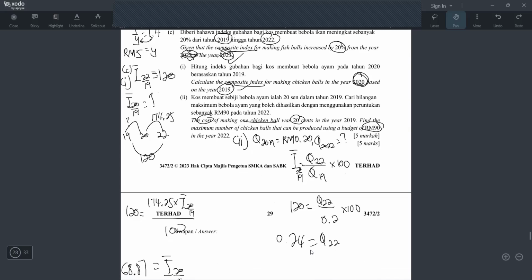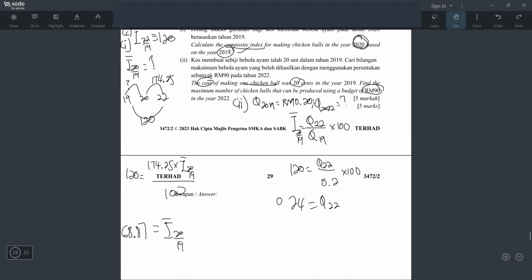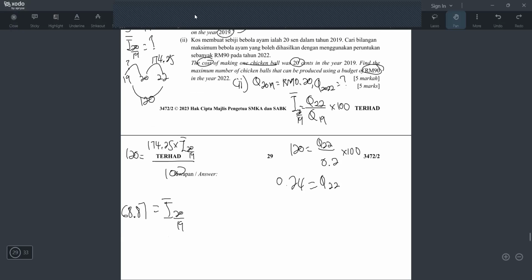Okay, by doing this, I'm actually finding the cost of making one in 2022, right? But they say find the maximum number that can be produced using a budget of 90 ringgit. So I'll just take 90 divide 0.24, right? Okay. And I get 375. So yeah lah, correct lah. I did everything correctly already. I don't know why I'm not confident with myself. So I do everything correctly already.